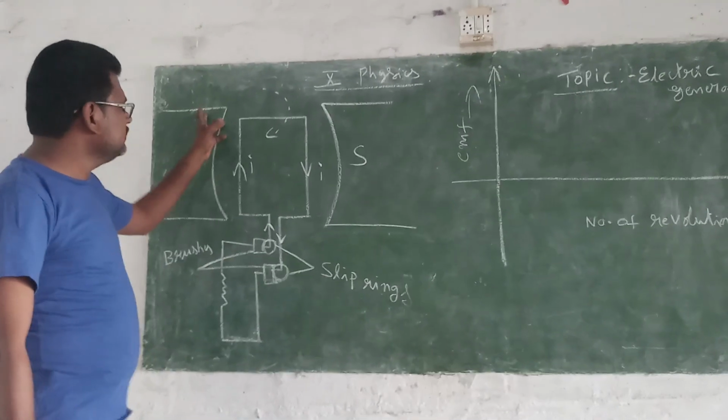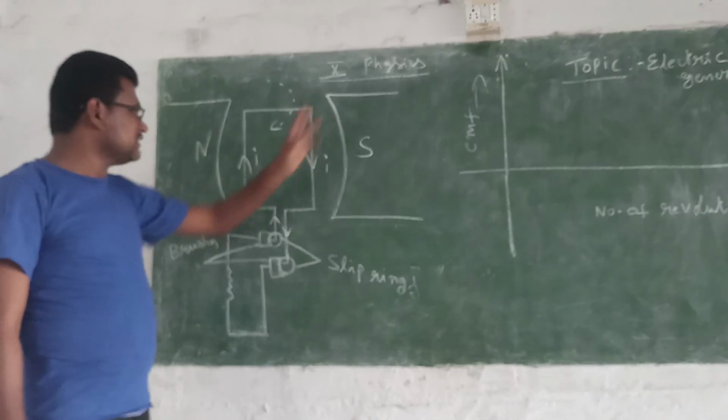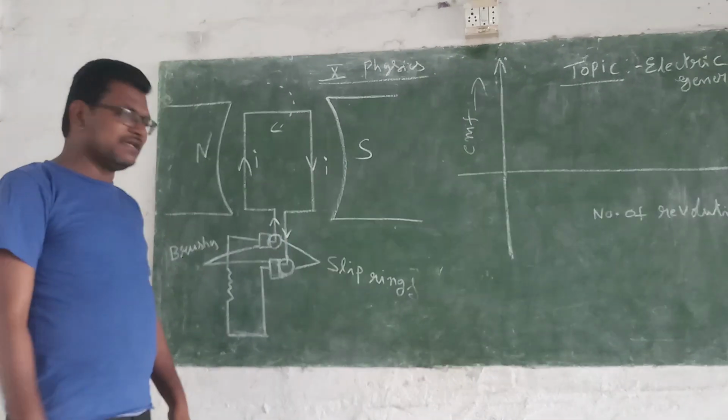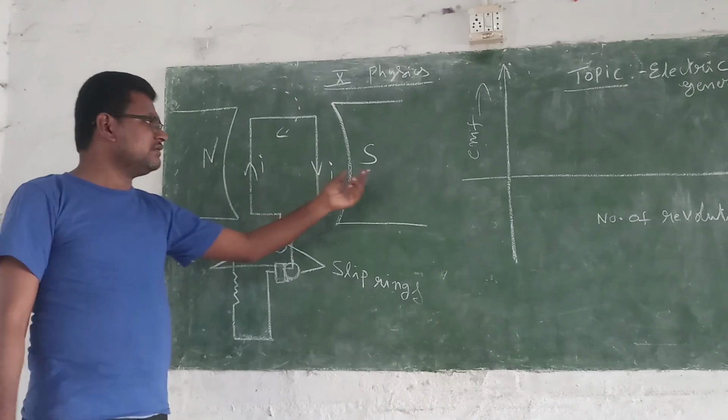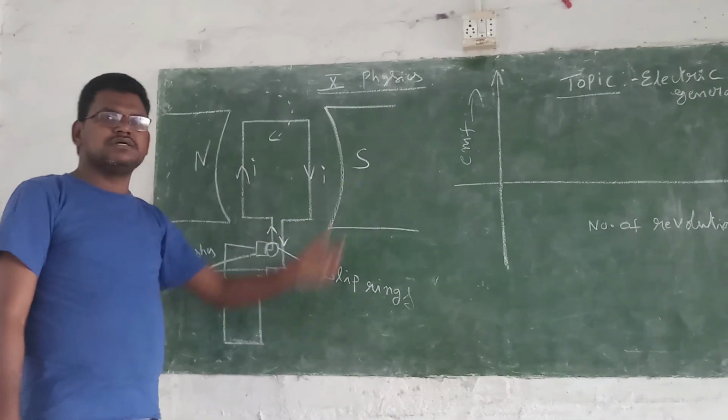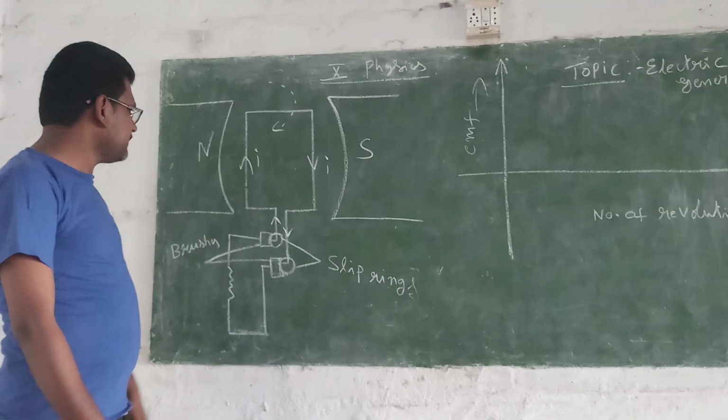There are two poles of strong magnets. One is the north pole of a magnet and another one is the south pole of a magnet.